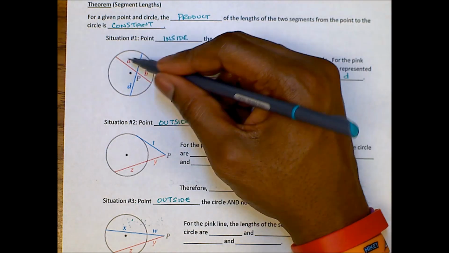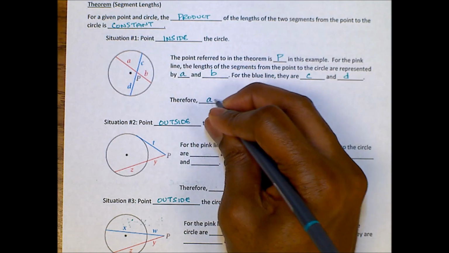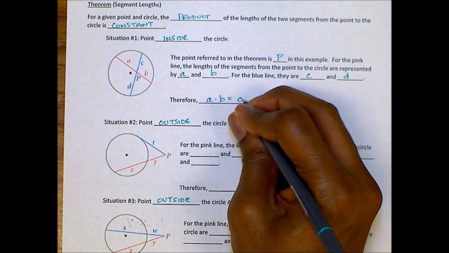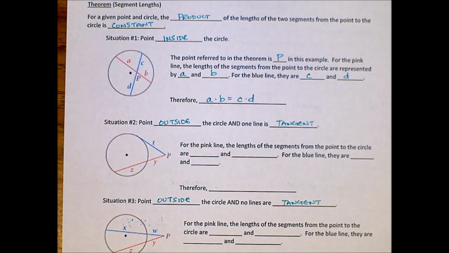So that means A times B would equal C times D.